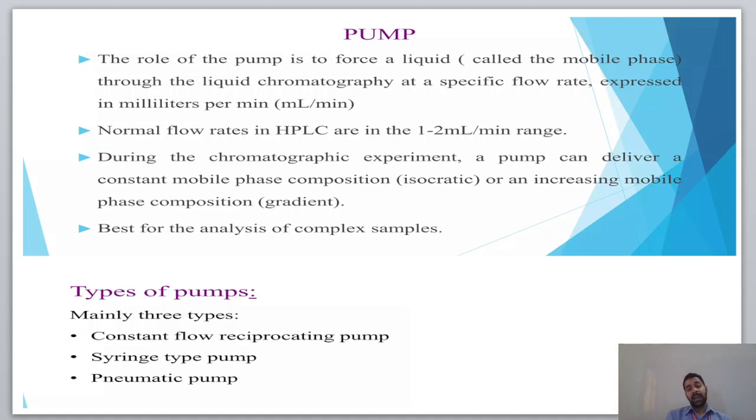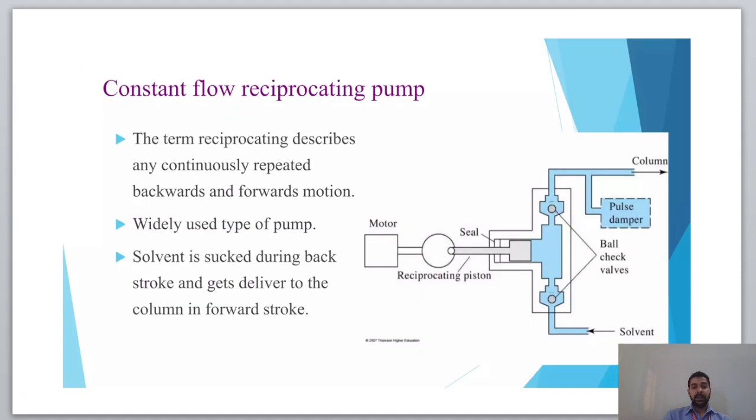Then comes the type of pumps. There are mainly three types of pump: constant flow reciprocating pump, syringe type pump, and pneumatic pump. Constant flow reciprocating pump. Here in the picture it has been shown clearly how this pump works.